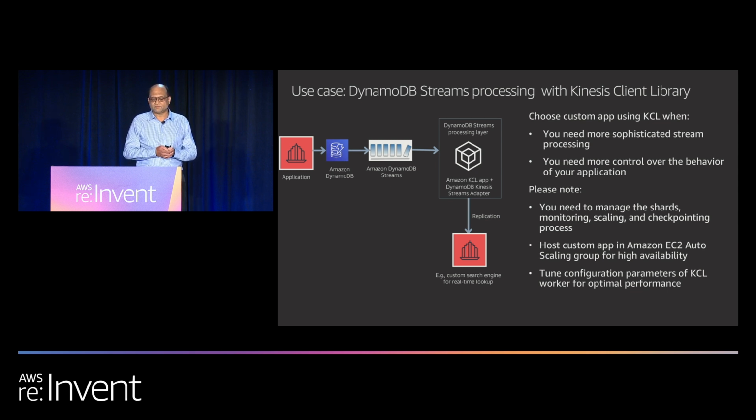Finally, there are a few key configuration parameters of the KCL workers that you will need to tune for optimal performance. Now, the Verizon Media team is going to demystify all this and share their insights coming up shortly here.